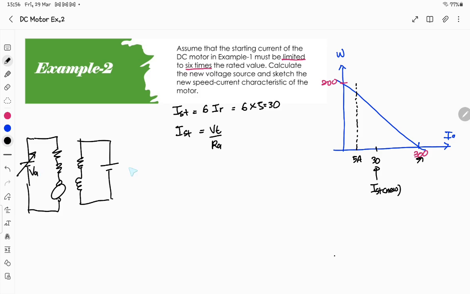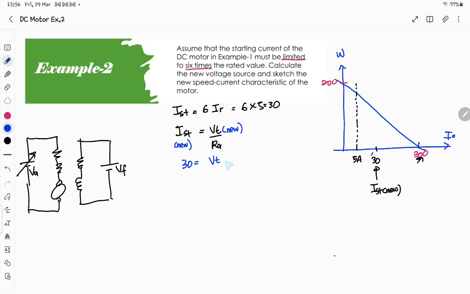This is your Va, this is your Vf. Now you need to notate that on your equation. Since this is Ist new, you will have your new terminal voltage but with the same Ra value. So now we have Ist new is 30.